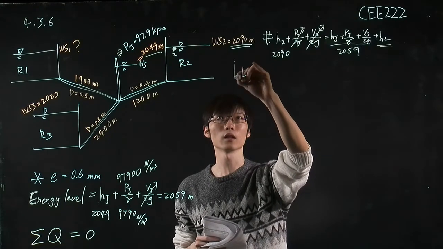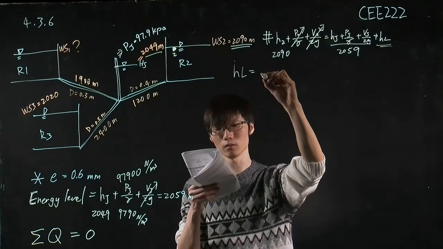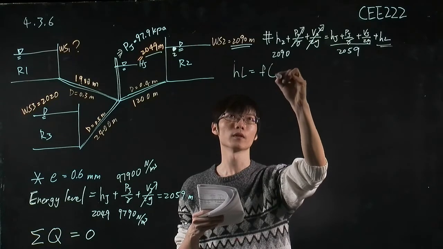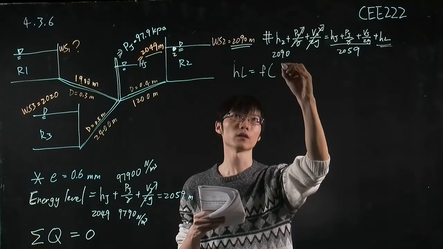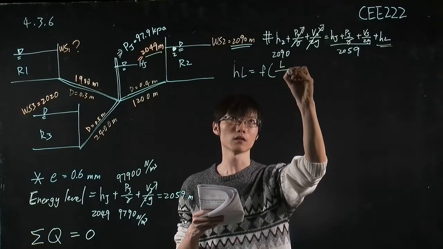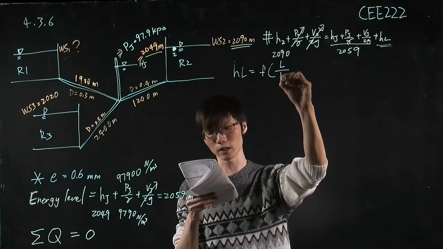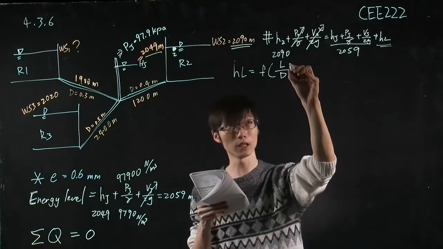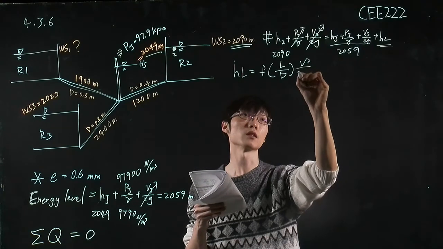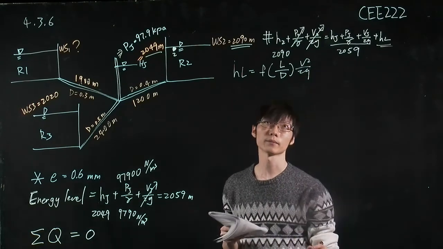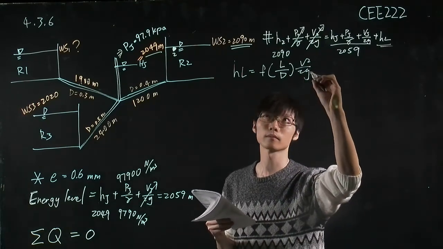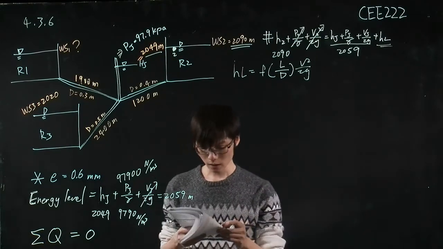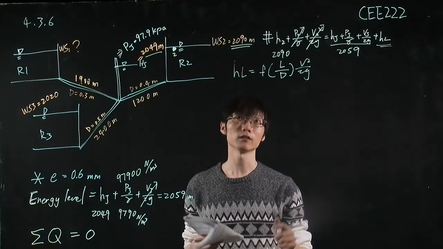The head loss is equal to the factor f times the length of the pipeline divided by the diameter times the velocity term. And again, we have two unknowns here.